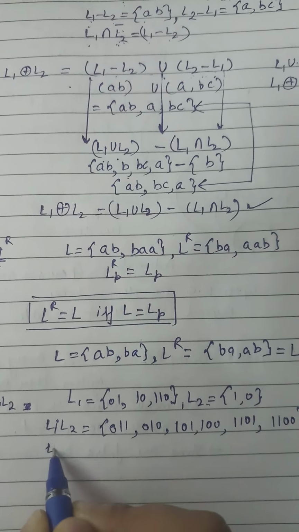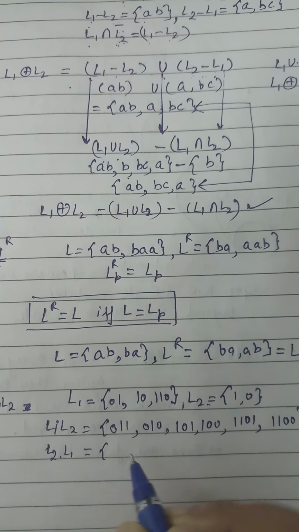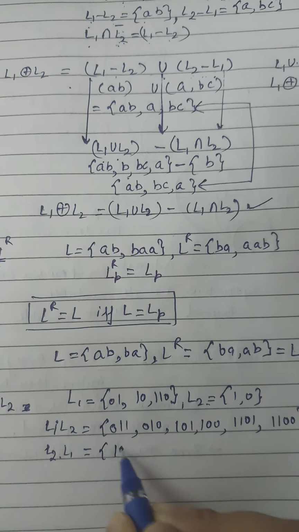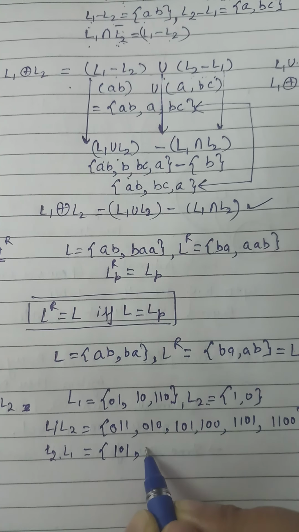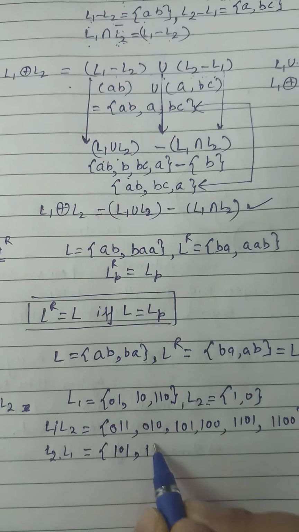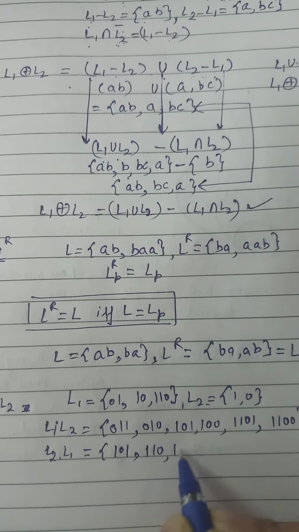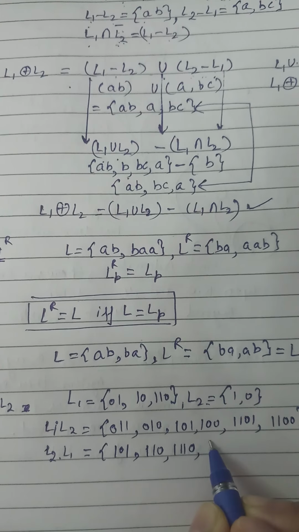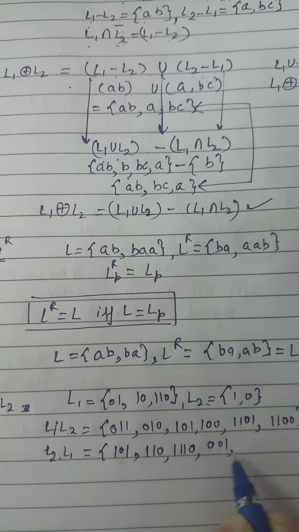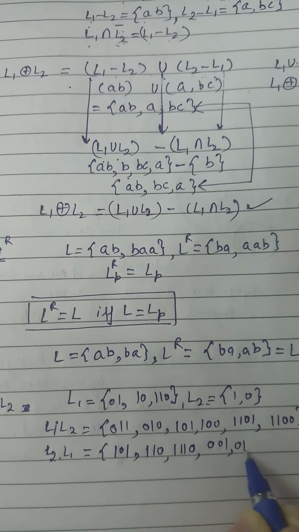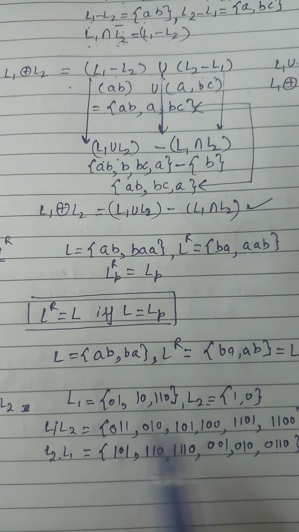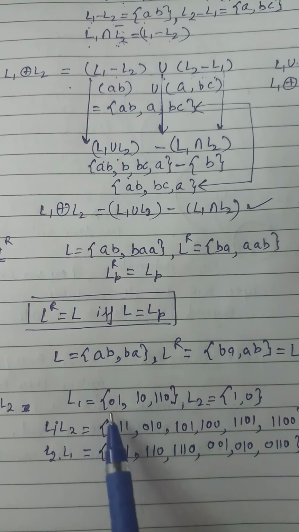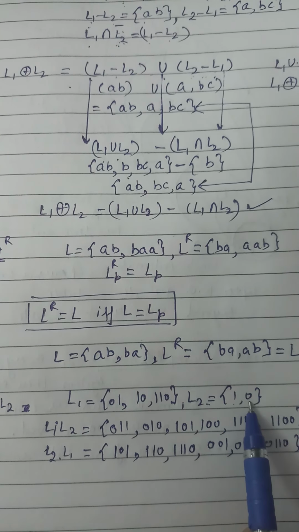In the same way we will calculate L2 dot L1. First we concatenate 1 to all, then we concatenate 0.